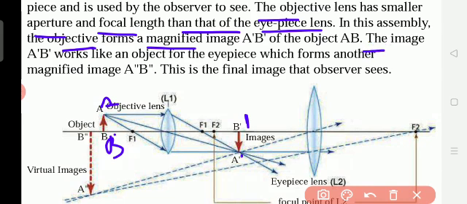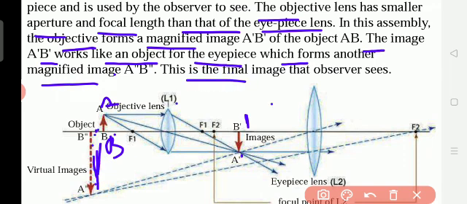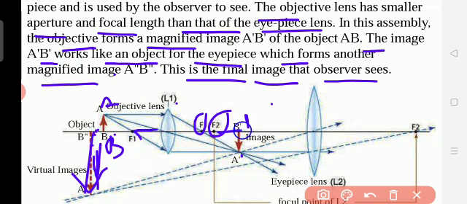The image A'B' works like an object for the eyepiece, which forms another magnified image A'' and B''. So two images are formed, and this final image is a virtual image. For the eyepiece L2, F1 and F2 are the focal points. You see this focal length is less, but this focal length is more. Understand?